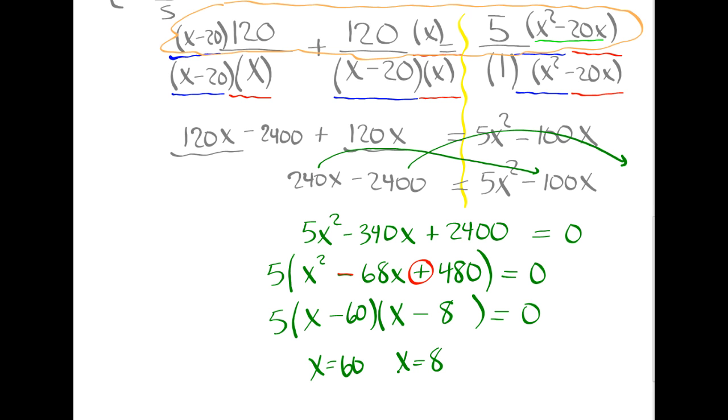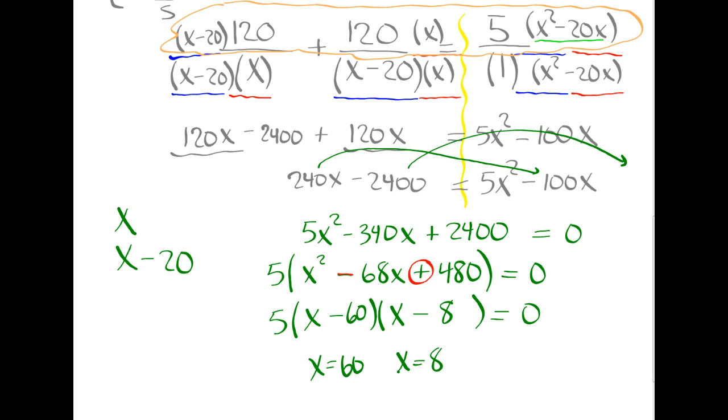And so now I have to do some thinking back from the beginning of the problem. And so I had two speeds. One of them was x, and one of them was x minus 20. And so if I put 60 in for x, I will have 60 and 40 as my speeds. If I put 8 in for x, I would have 8 and negative 12.